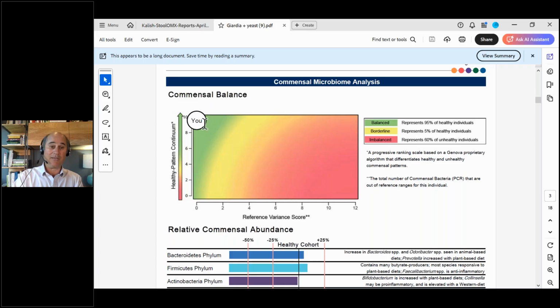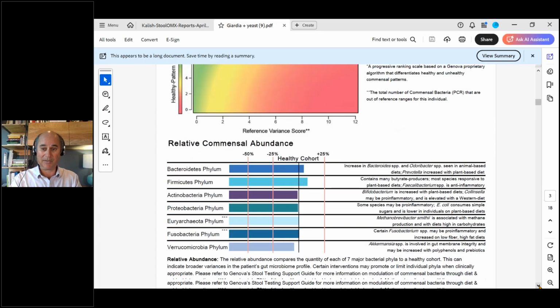This one's in the green, so it's good. But most often you're going to see the marker in the red somewhere here, which means that there's an imbalance with the good and bad bacteria, and the good bacteria are having trouble, right? So you can have dysbiosis with or without commensal bacterial problems. In this case, there's dysbiosis, but the commensal bacteria are okay. Very often you're going to see dysbiosis and the commensal bacteria are going to be problematic.